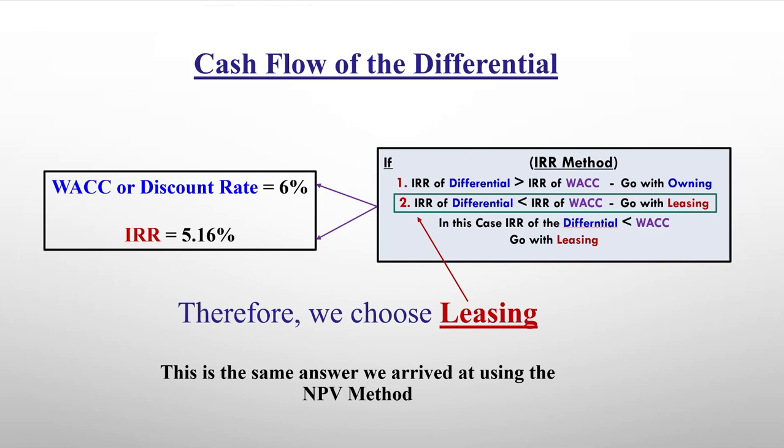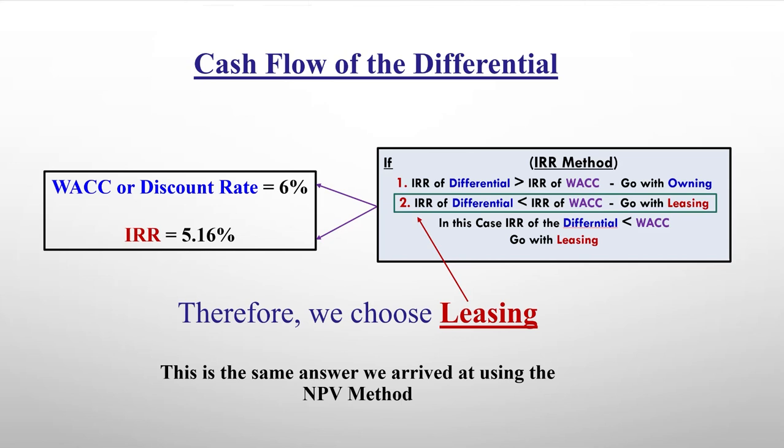However, our internal rate of return was 5.16%, which means our internal rate of return of the differential is less than the weighted average cost of capital or our discount rate. This means effectively that we make more money by not keeping our capital or our money in the building. Therefore, it's better to lease.